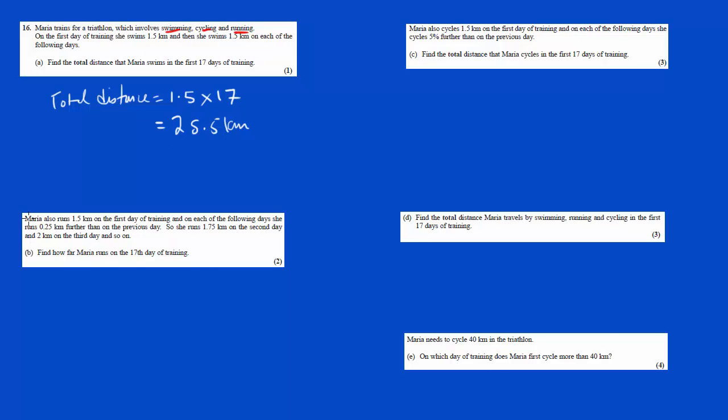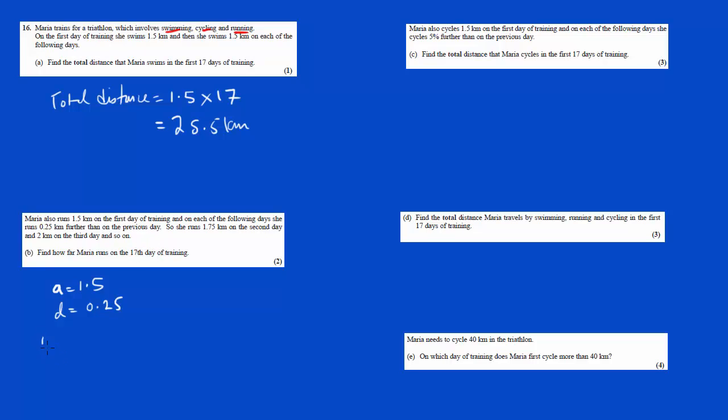In question B, Maria also runs. Now we are talking about running. 1.5 kilometers on the first day, that means a equals 1.5 kilometers. And on each of the following days, she runs 0.25 further. That is the common difference. Find how far Maria runs on the 17th day.